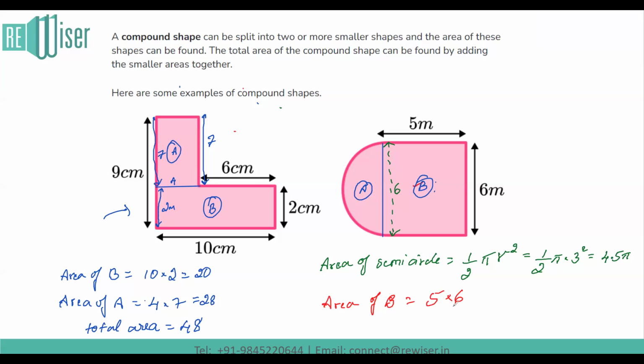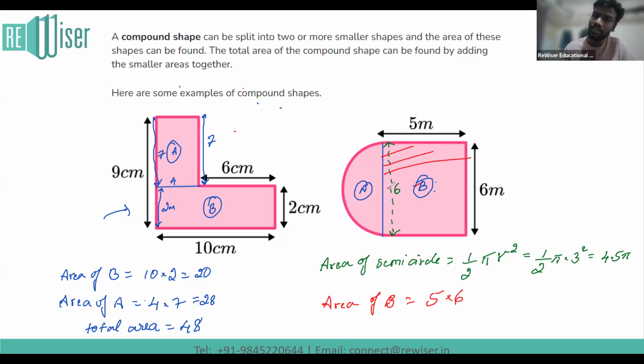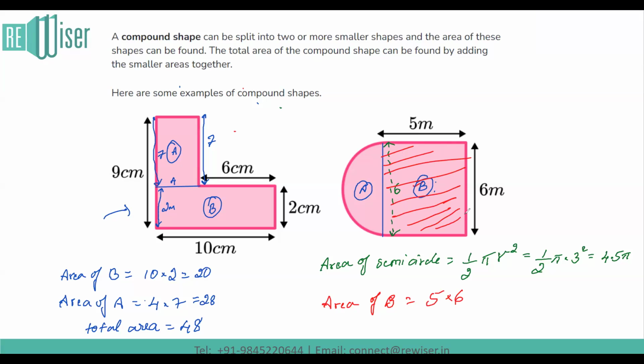Why are we multiplying it with 5? 5 into 6, why are we doing 5 into 6? Is that your question? Yes. This is the rectangle, right? So what is the formula to calculate the area of a rectangle? It is a square. No, it is not a square.